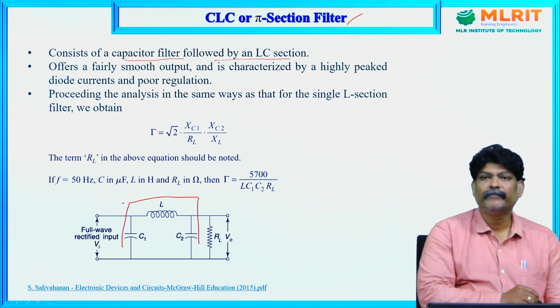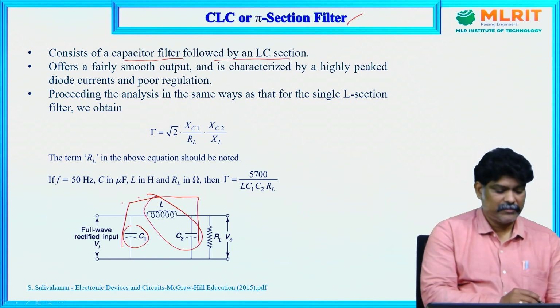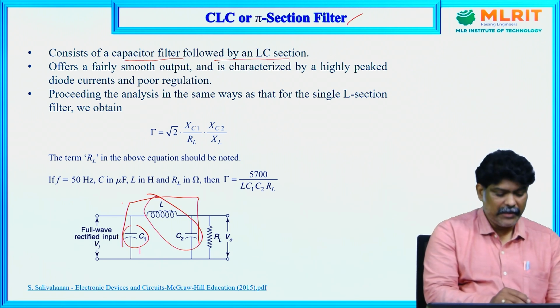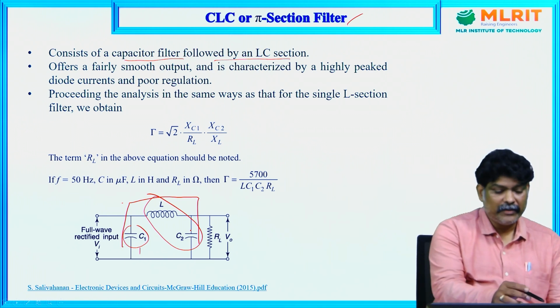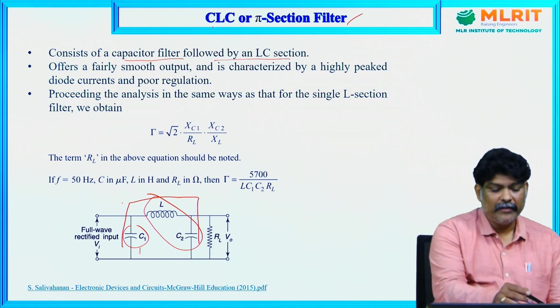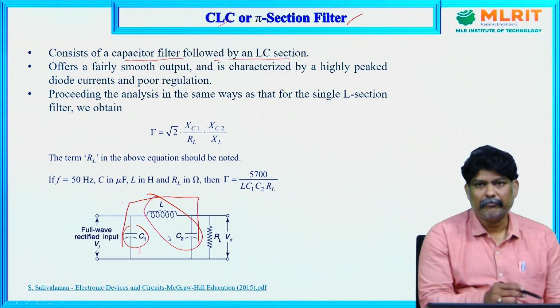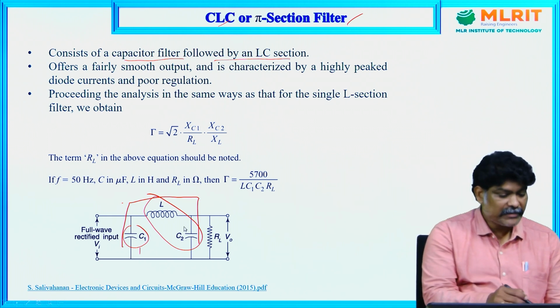Simply, one capacitor and an LC section, a combination of capacitor and LC section. Therefore it is called a CLC or pi section filter. The construction looks like a pi.